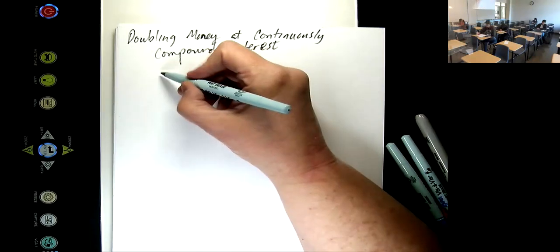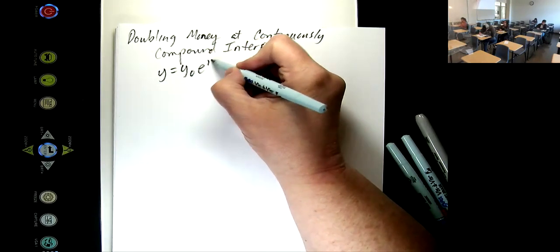It follows the same formula, y equals y naught e to the kt.